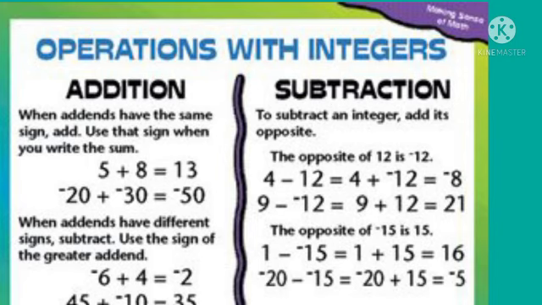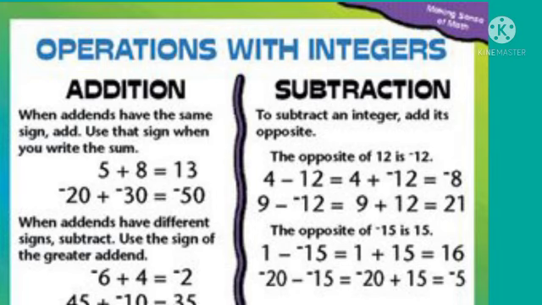And the second rule is, when addends have different signs, we subtract. We use the sign of the greater number. Second, subtraction of integers. To subtract an integer, add its opposite.